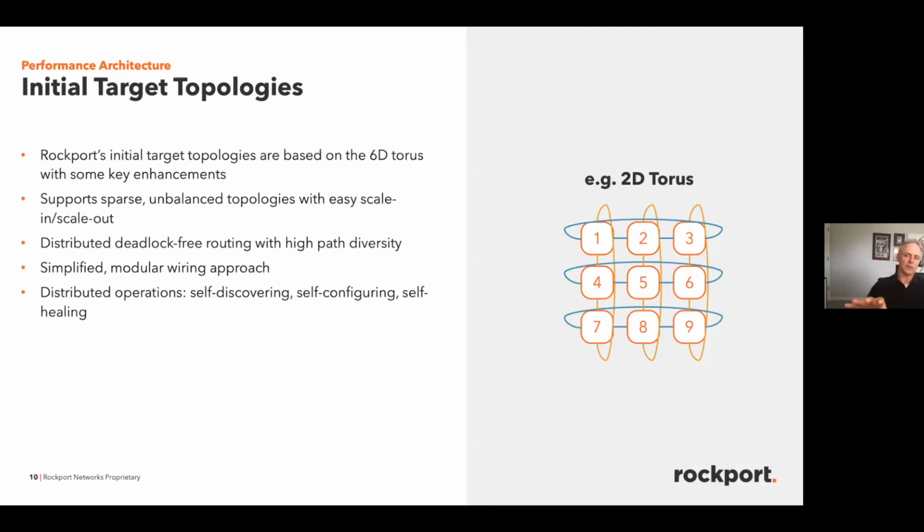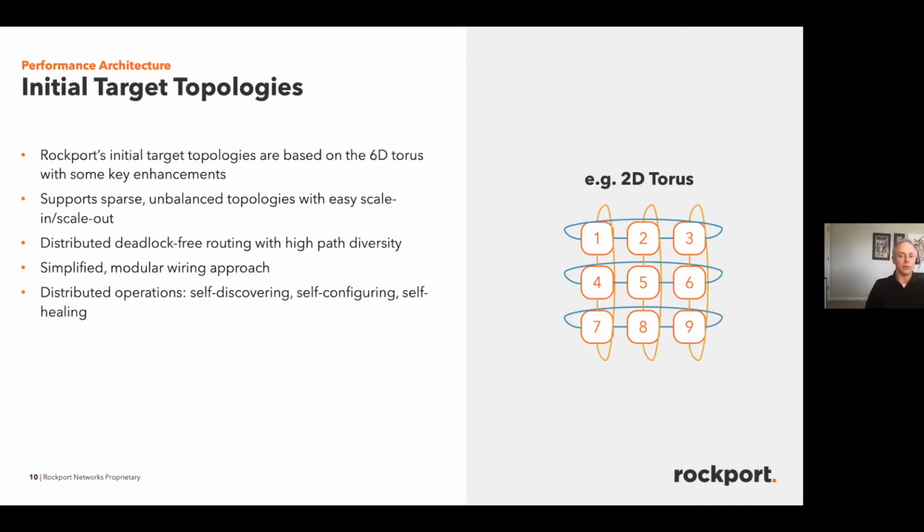The way that toruses are explained is in the geometric directional axis, the number of nodes on each ring. So in this case, this is a 3 by 3 2-dimensional torus. You basically have 3 nodes in the X dimension, 3 nodes in the Y dimension, and then basically completed rings on every single one of those.